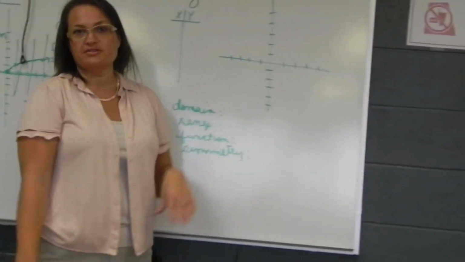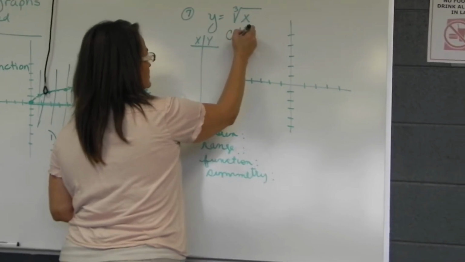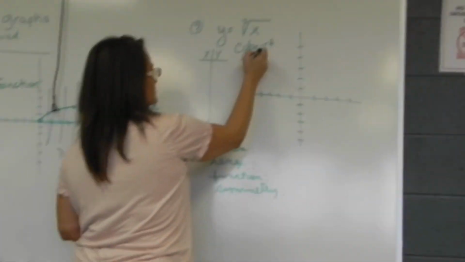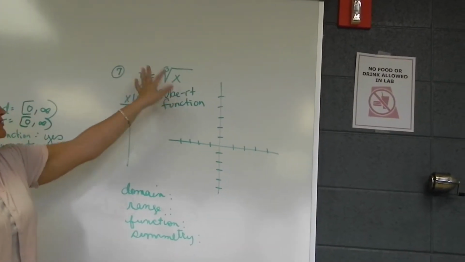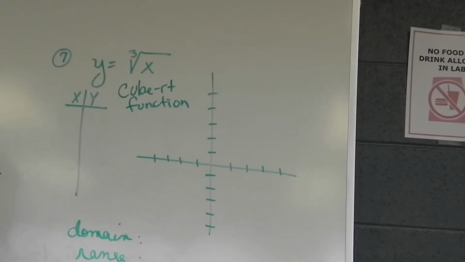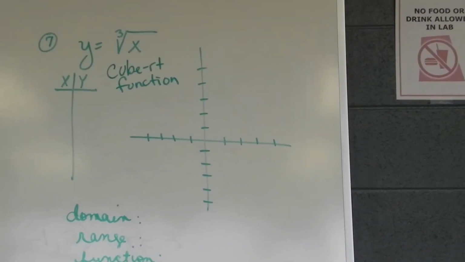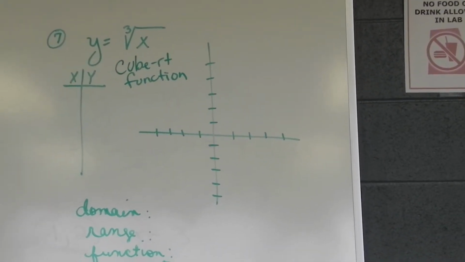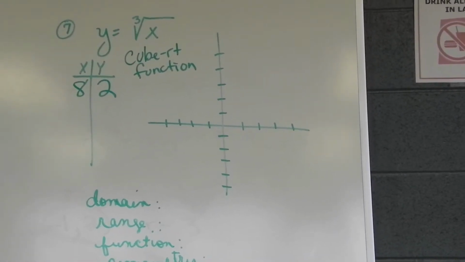All right, number 7. Number 7 is the cube root function. So think of some xy coordinates that solve this equation. Eight and 2. 8 for x gives an output of 2 for y.